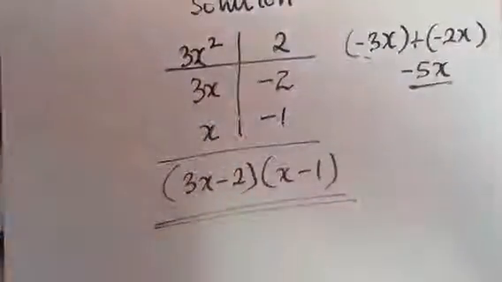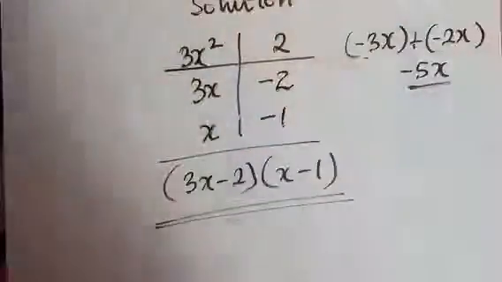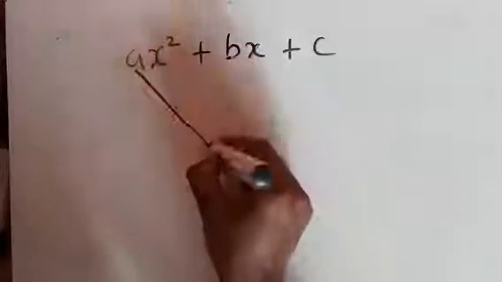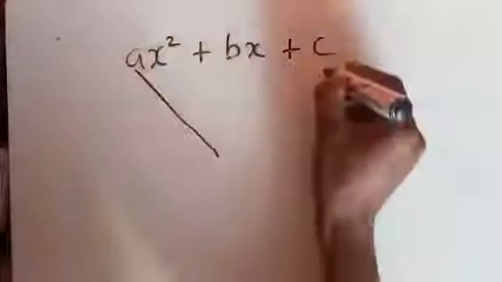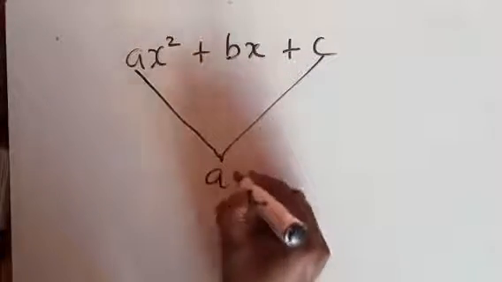Now we try the general method. Good. So using the general method, this is the approach. We have generally the quadratic function given as ax squared plus bx plus c. So what you do is that you multiply the coefficient of x squared by the constant to get AC.